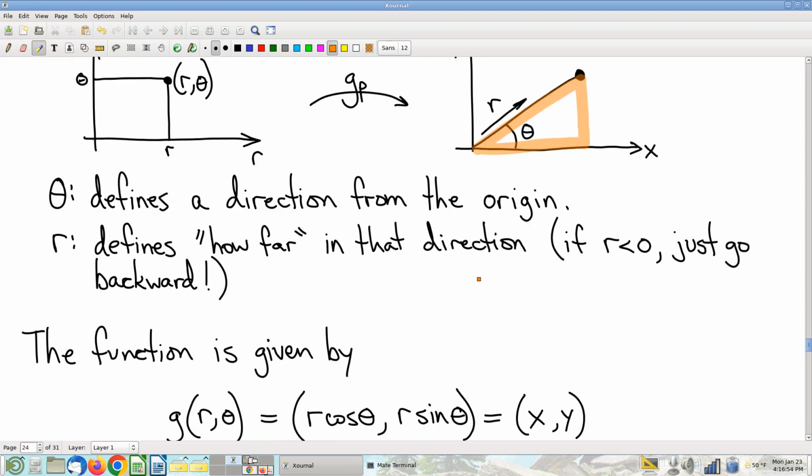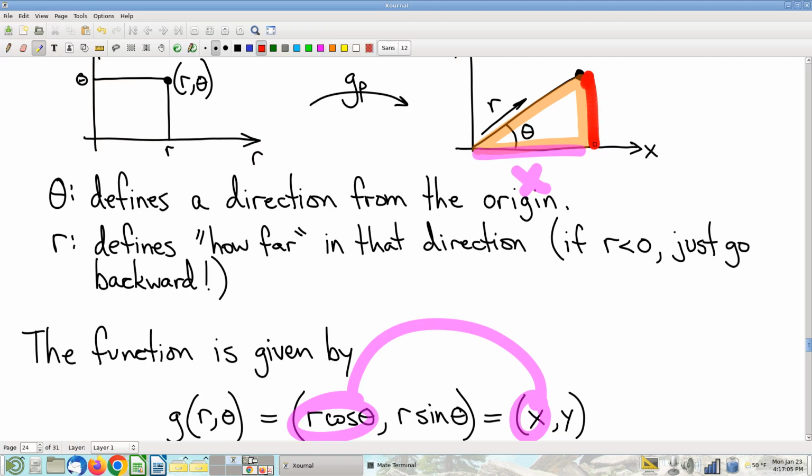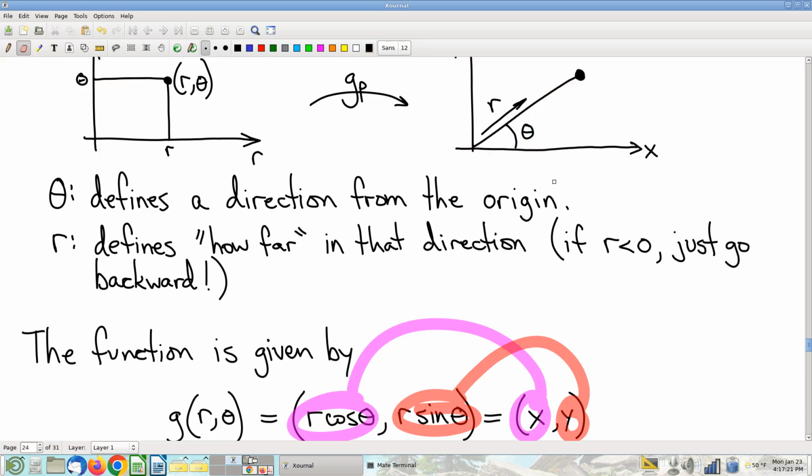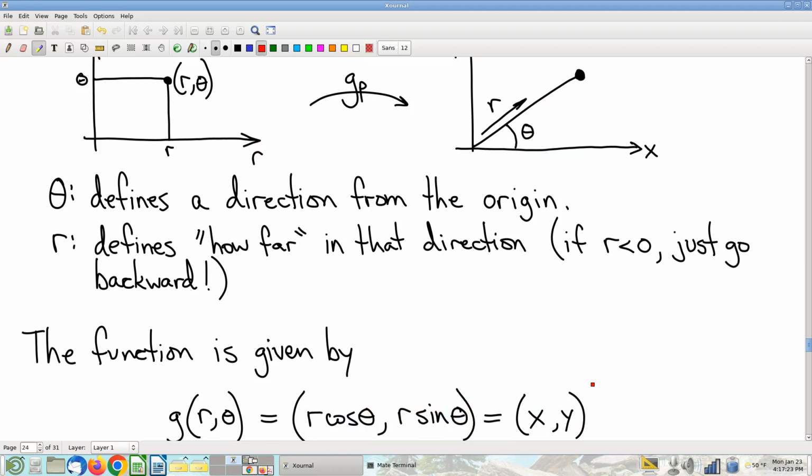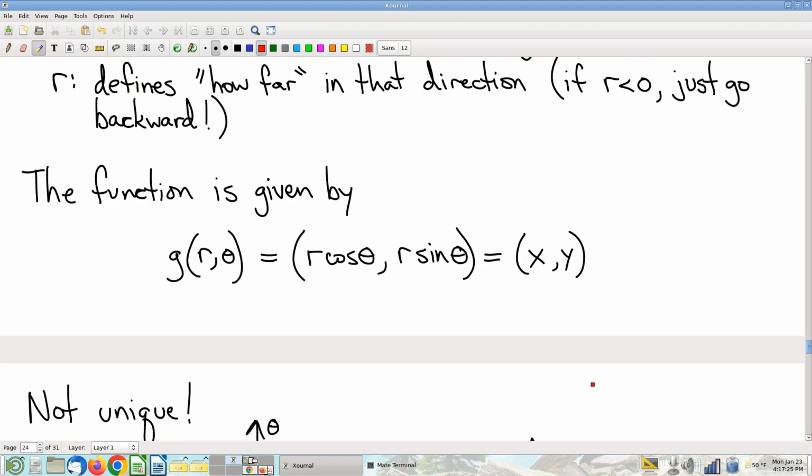With that triangle in mind, x is r cosine theta, and y is r sine theta. I hope that's clear. Think through the details. Make sure that you're comfortable with that. So, cool facts relating these coordinate systems. And now we're going to go on and see some of the weird things about polar coordinates.